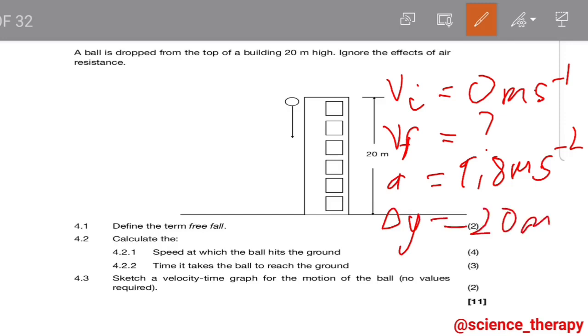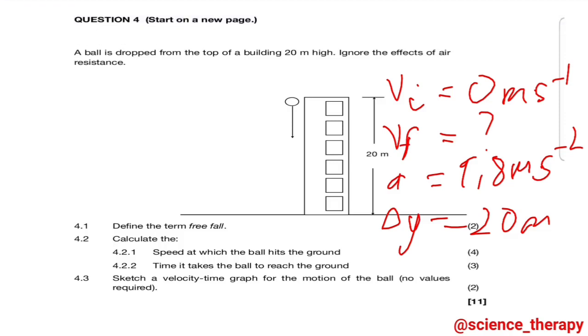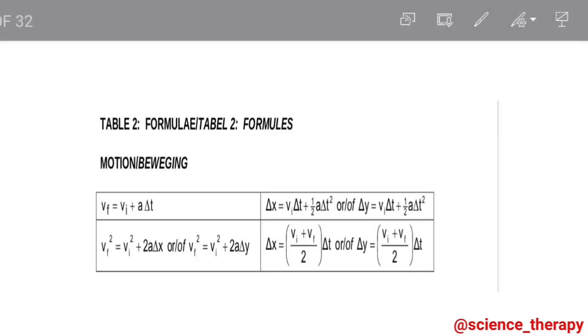Now having all that, Vi, Vf, a, change in y, what formula can we use for that one? We can see that the formula that agrees with that one is Vf squared is equals to Vi squared plus 2a change in y. So let's use that one. Now we have Vf squared is equals to Vi squared plus 2a change in y.